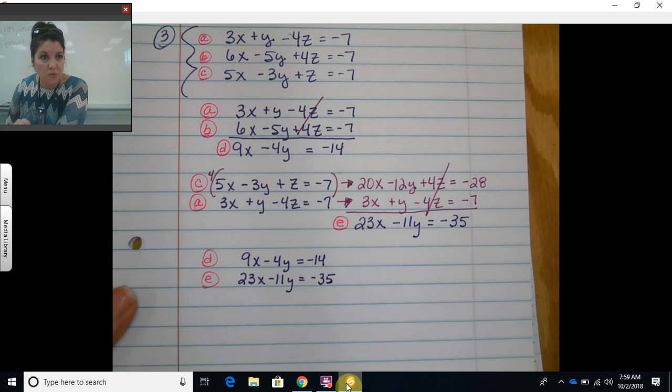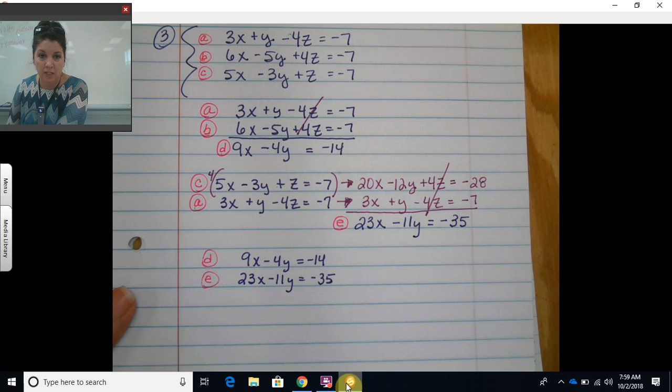So once we get to this step, does it matter if you eliminate the x's or the y's? No, it's totally up to you. Neither of them are going to eliminate automatically. If we choose one variable over the other, will we just be able to multiply one equation by some number? No, no matter which one we pick, we're going to have to multiply both equations, right?